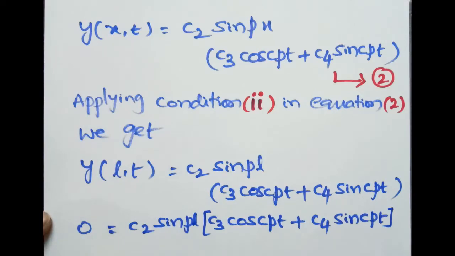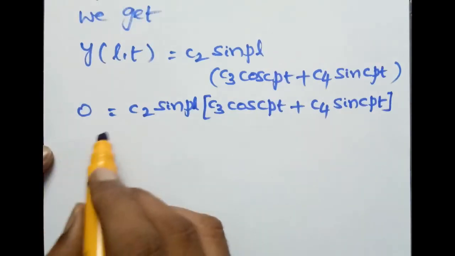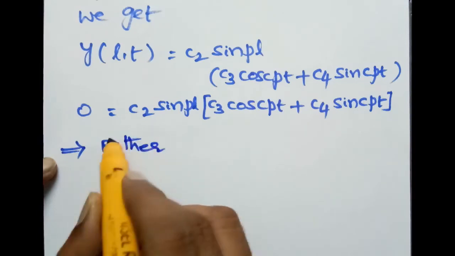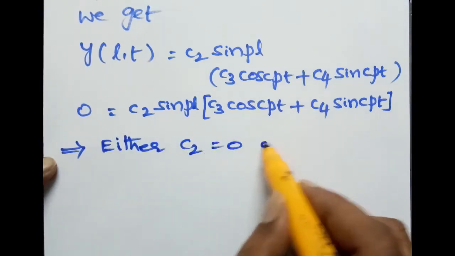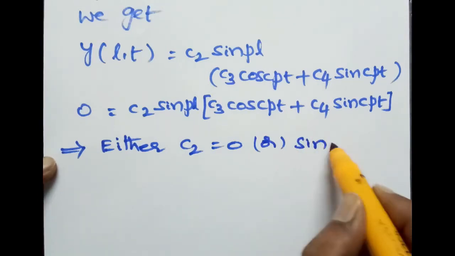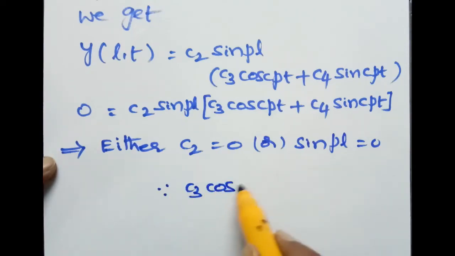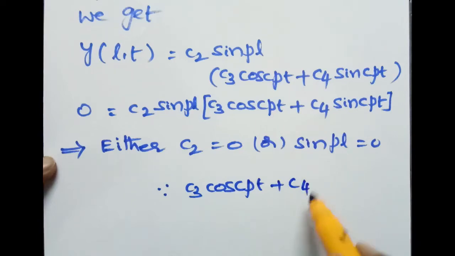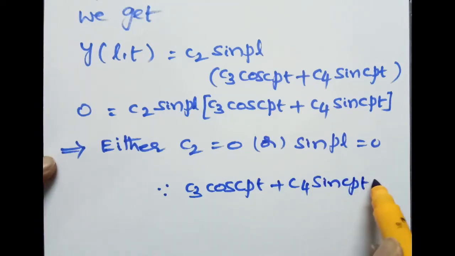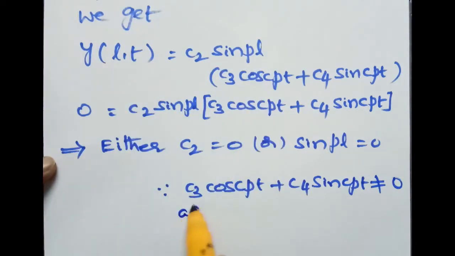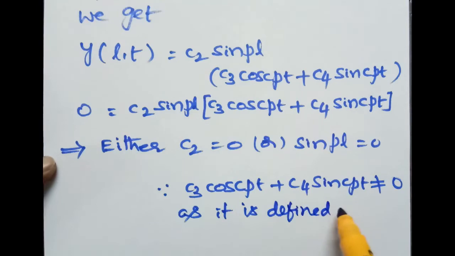This implies either C2 equal to 0 or sin PL equal to 0, since C3 cos cpt plus C4 sin cpt is not equal to 0 as it is defined for all values of t.